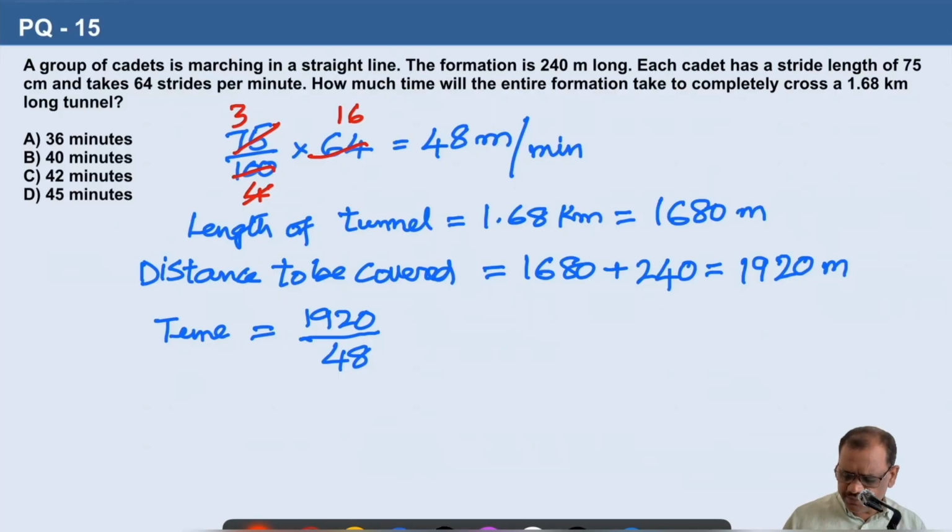Simplify this: 48 fours 192 and carry 0. So 40 minutes is the time taken by the group to cross the tunnel. 40 minutes is the answer. Option B is the correct answer here.